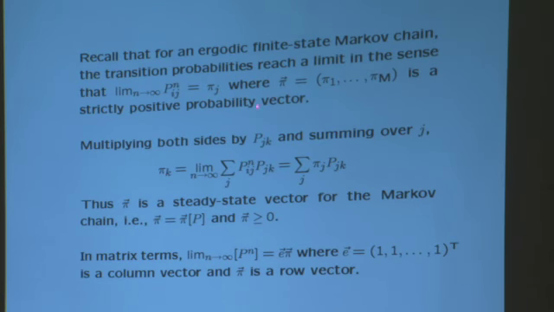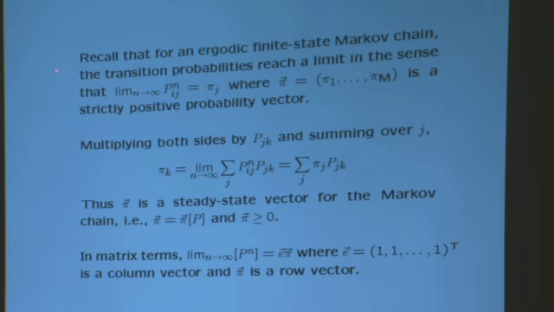I shouldn't say so it is. That's something that was shown last time. If you multiply both sides of this equation by P sub jk and sum over k, then what do you get? You get P sub ik to the n plus 1. That goes to a limit also.